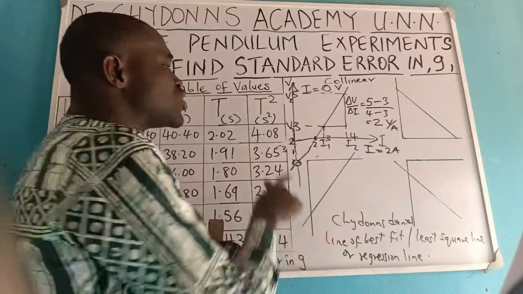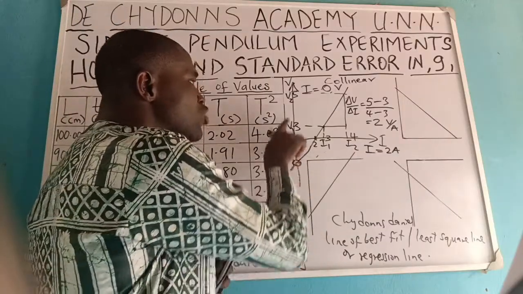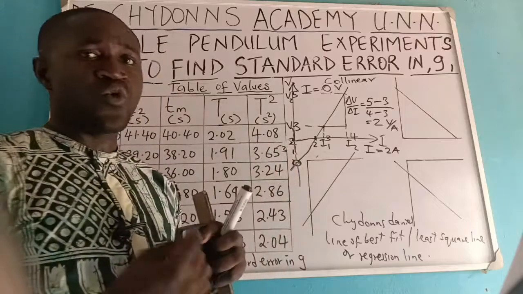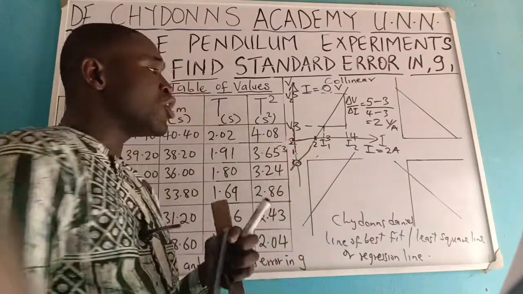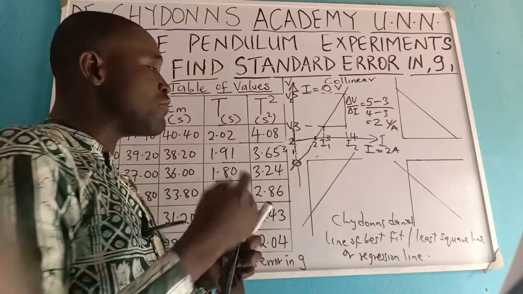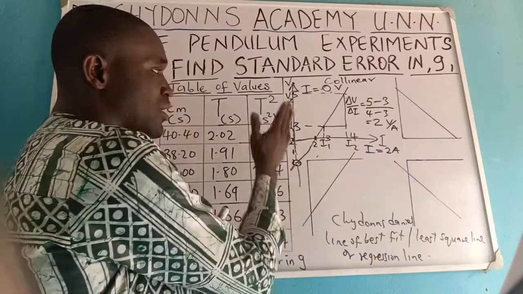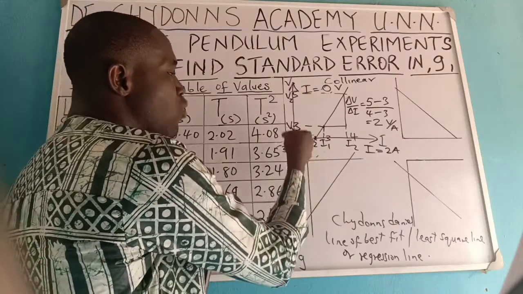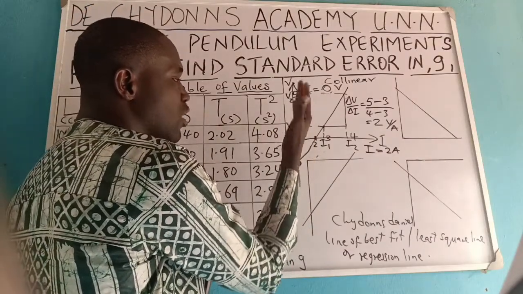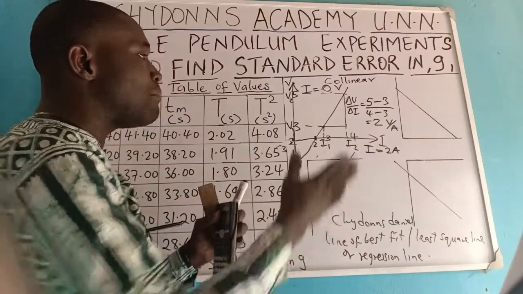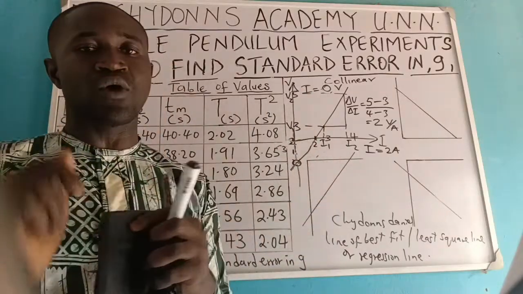So it depends on the way you choose your scale, on the way you started your graph, whether you are starting from origin or you did not start from origin. Calculate it well. If you want to see more videos about this, check our channel and see how we discuss different types of graph, different ways you can choose your scale so that you'll be able to balance your graph excellently well.